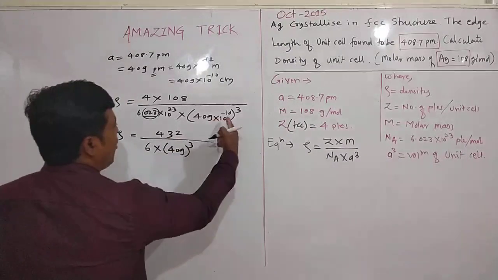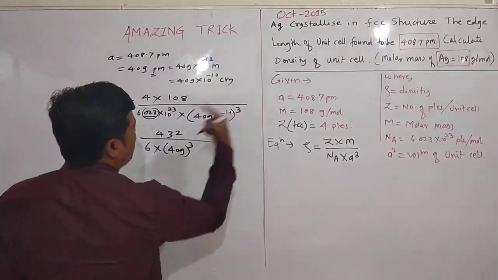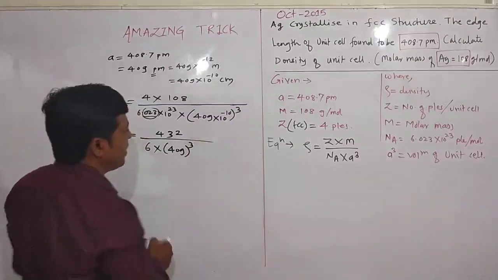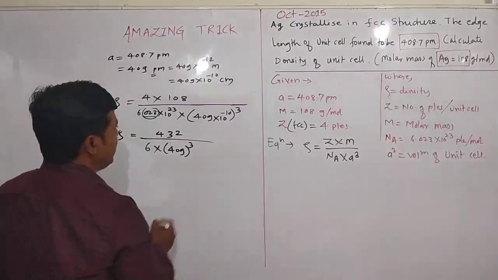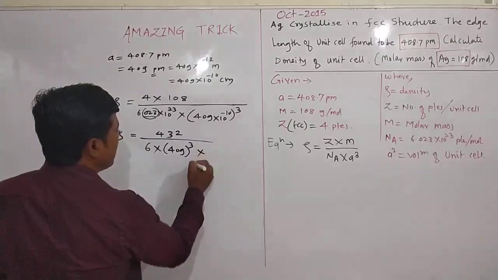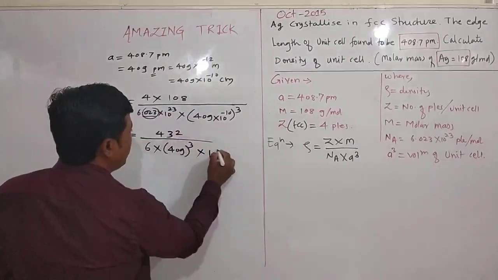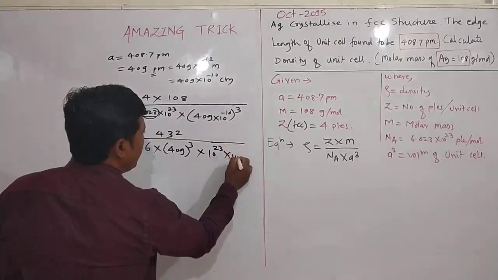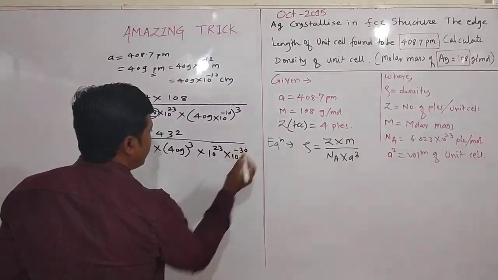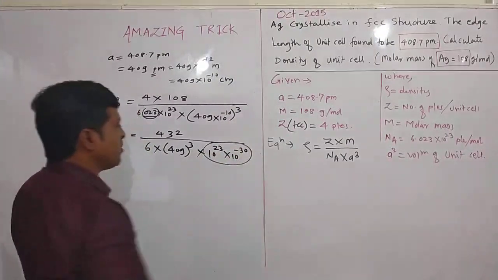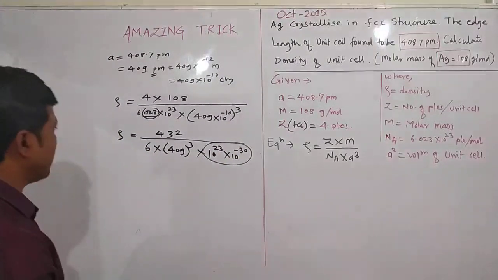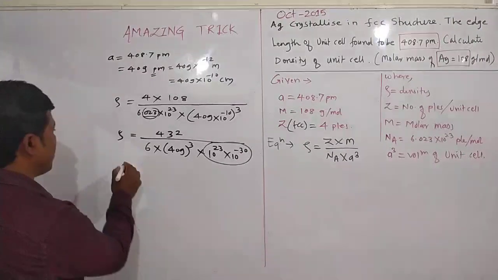Now power multiplication: 10 into 3, 30, minus 30. 10 raised to 23, 10 raised to minus 30, so it comes to be 10 raised to minus 7.